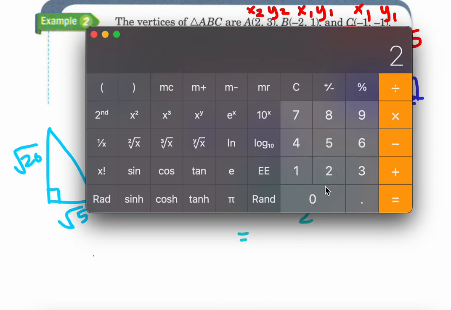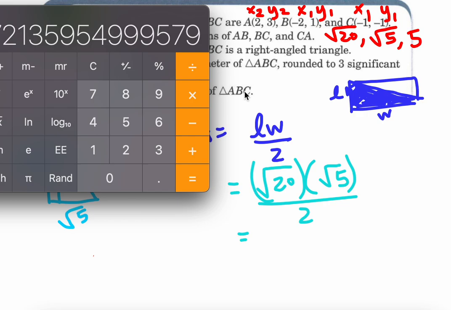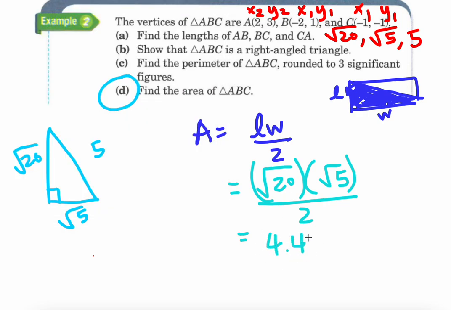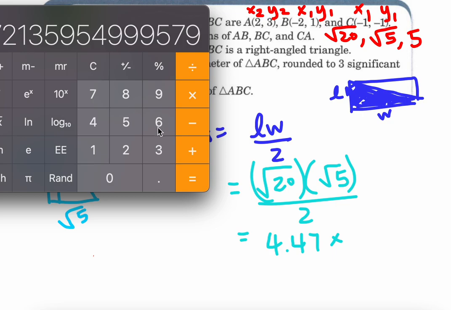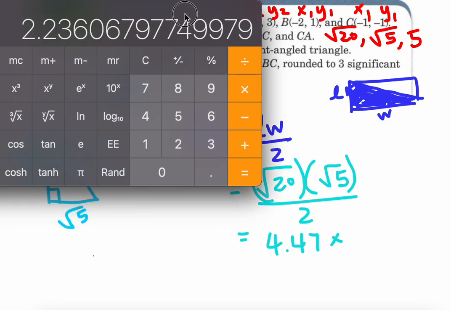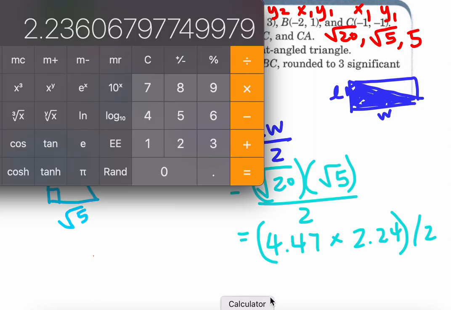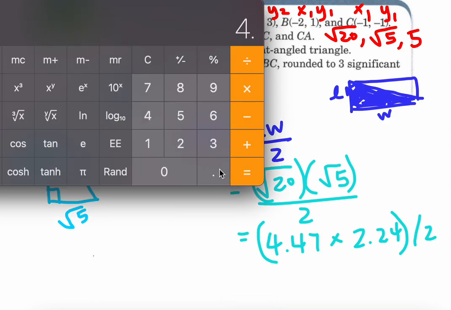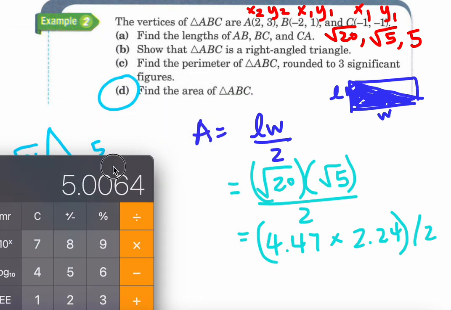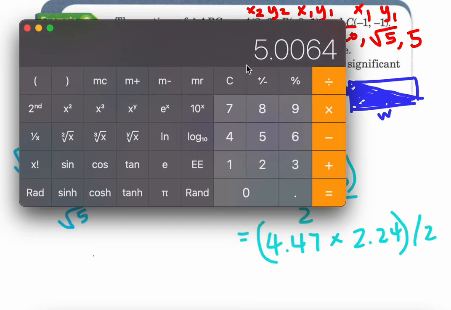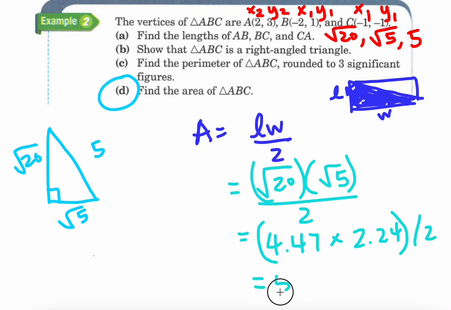So square root of 20, again, I wish I wrote this down, 4.47, times my square root of 5, 2.24, and then we're going to have to divide it by 2. So 4.47 times 2.24 divided by 2. They don't care about significant figures here. So that's about 5. So that would be 5 units squared.